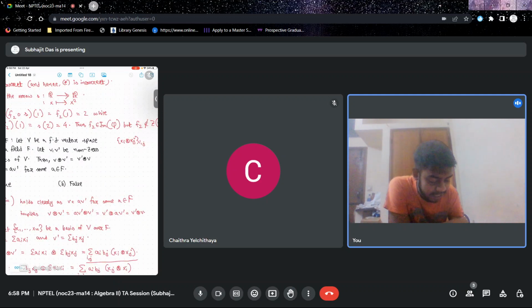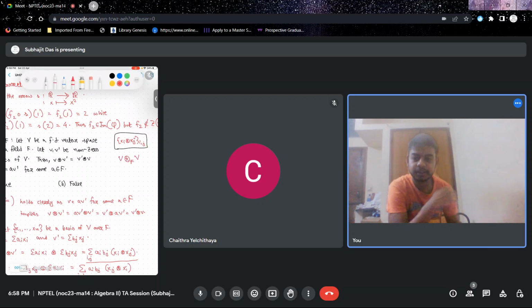So you know that the xi's generate V as a vector space, or as a module over F. So this will be a generating set for V tensored over F with V, right? That much we can say. It will be a generating set.